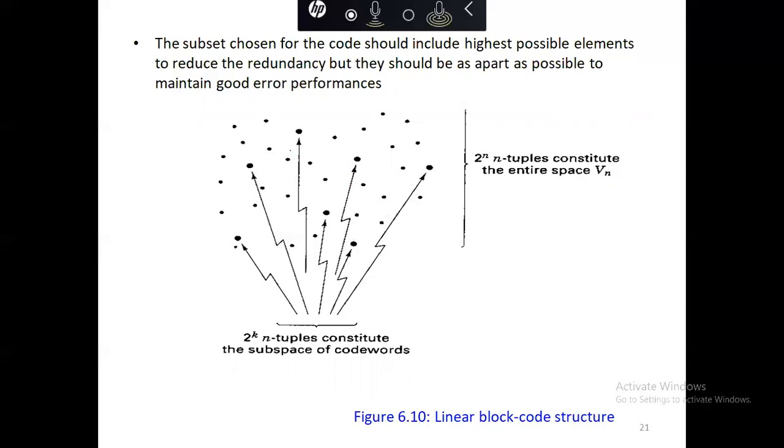So if we want to further improve the performance, we are going to keep on increasing the value of n. So it is in fact increasing the distance, and improving the performance as well. So you are able to transmit at very low power by increasing the value of n.